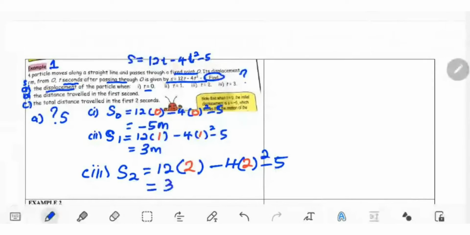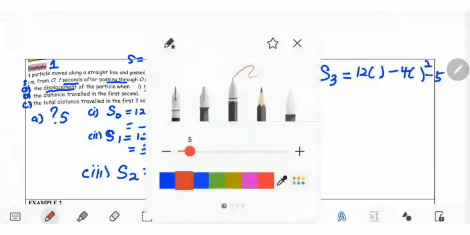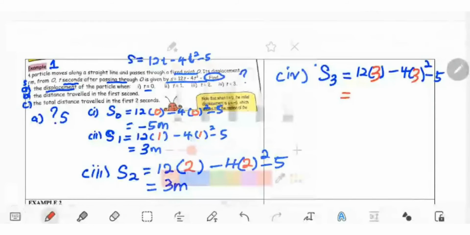Positive on the right. Okay, next. Last one. They ask you to find S when T is 3. So, S3. Substitute T is 3. What do you get? Negative 5. So, negative 5 on the left side. Left. Okay, boleh faham itu yang pertama.